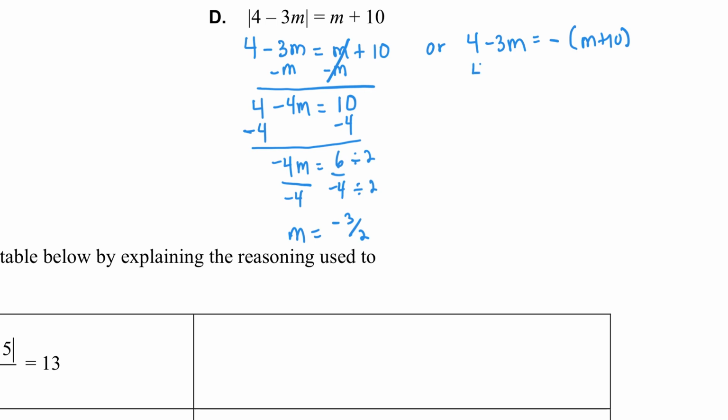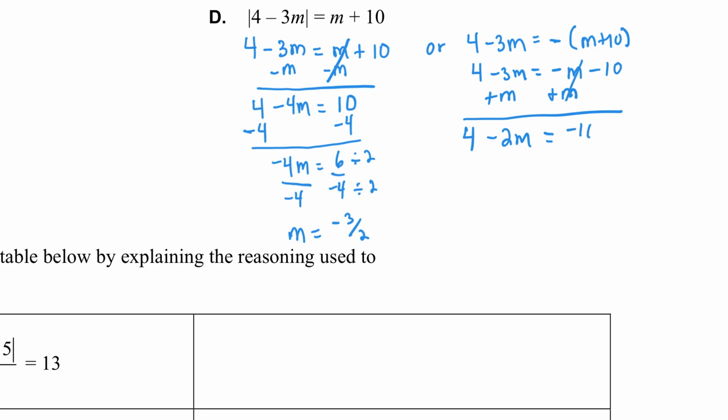So now we have 4 minus 3m is equal to, we're going to distribute the negative. So we have negative m minus 10. I'm going to add m to both sides. So I have 4. Negative 3m plus m gives you negative 2m is equal to m plus negative m is 0.